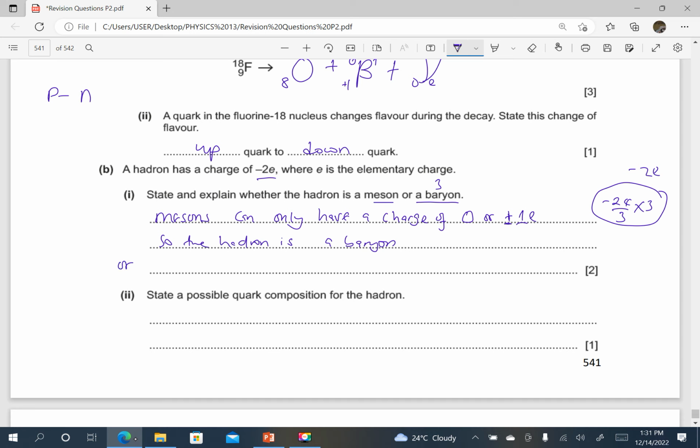Because the largest negative quark charge is -2 over 3e, when I multiply it by 3, it gives me -2e. So it must be 3 antiquarks.